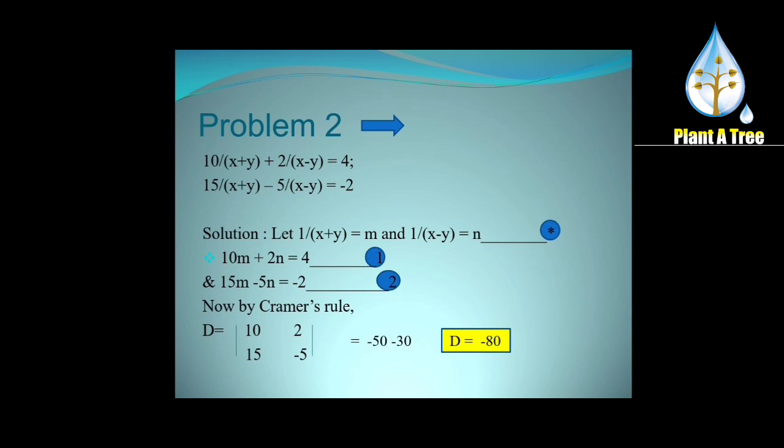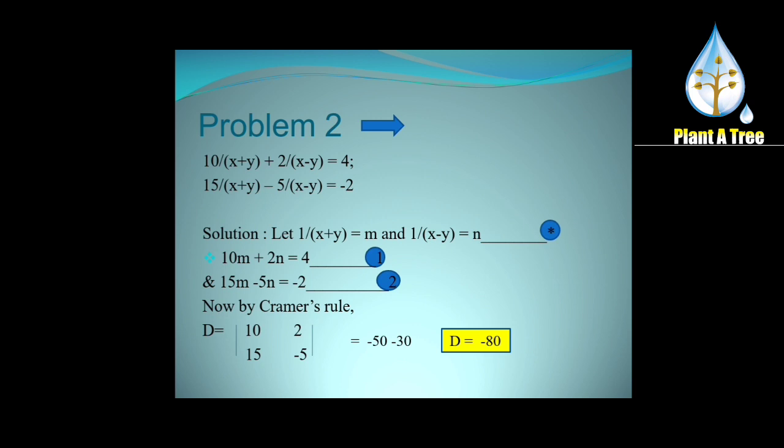Now the second problem. It seems difficult, but it is very easy to understand when we put some value for the repeating terms. Here 10 upon x plus y plus 2 upon x minus y is equal to 4, and 15 upon x plus y minus 5 upon x minus y is equal to minus 2.